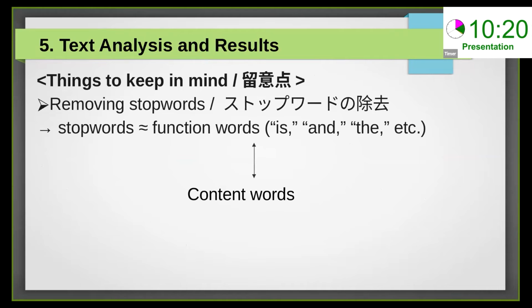Now, I'm going to discuss some points that I should pay attention to in the first phase. To begin with, removing stop words. Stop words are almost identical to function words that occur too frequently and have less information than content words, such as is, and, then, and so on in English.